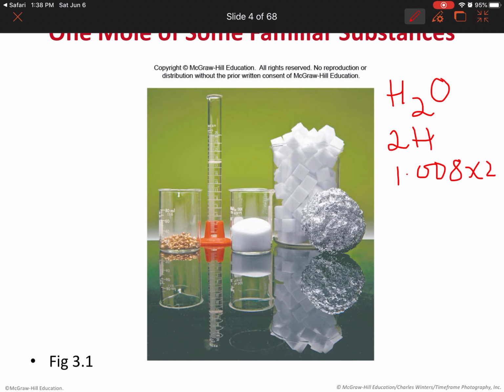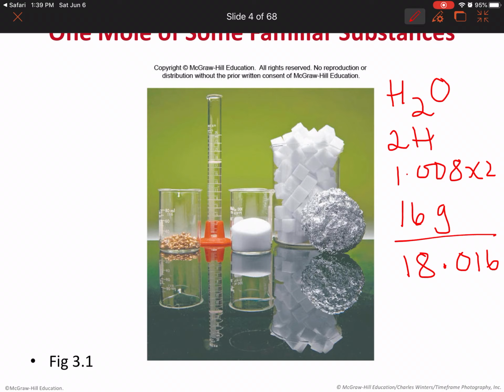So that's the mass of hydrogen. And oxygen is 16 grams per mole. And when you add it up, it's about 18.016 grams, right? 18 grams. So if you look at the graduated cylinder that has water, that is about 18 milliliters because the density of water is almost 1.